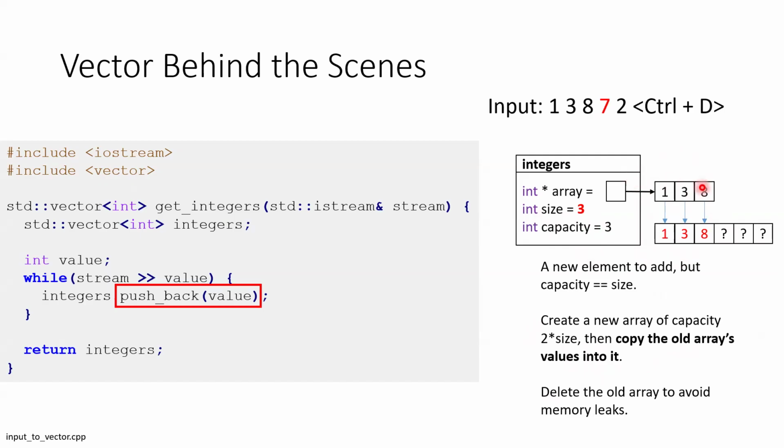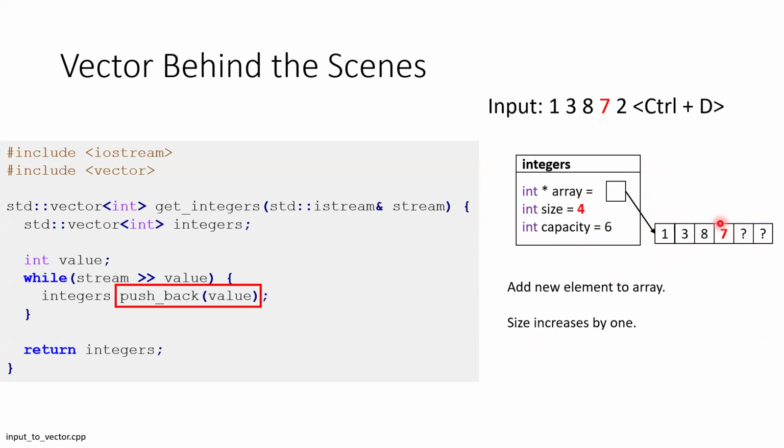It deletes the old array and points to the new array. So now we have a new array of capacity of 6. Then for the fourth push_back, we are writing in the fourth one and incrementing the size, and so on until the end. Every time we exceed the capacity, we are doing capacity times 2.